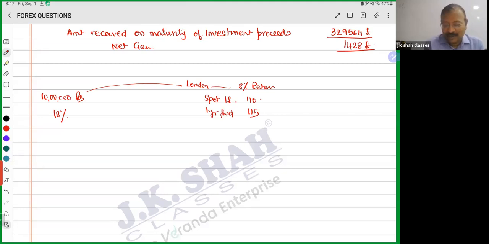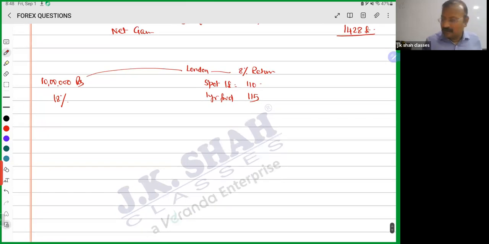Okay, you will convert it at spot into pounds. 8% you will earn, right? In rupee terms. Exactly, that is exactly what you did now. So basically you'll convert this 10 lakh rupees by using the spot rate into pounds.